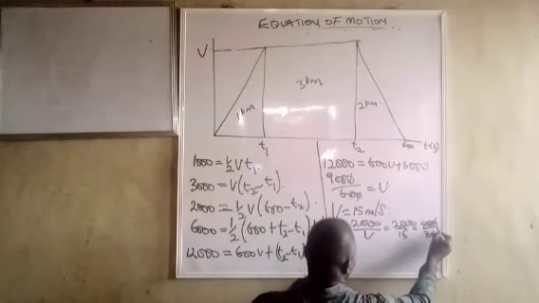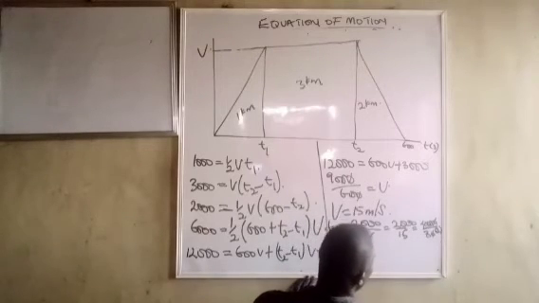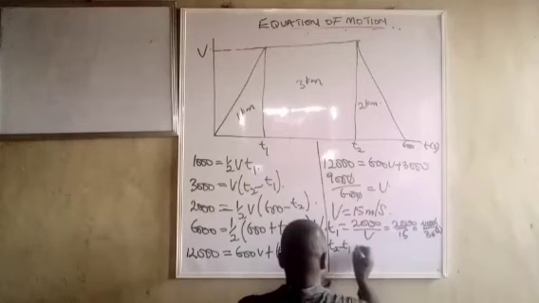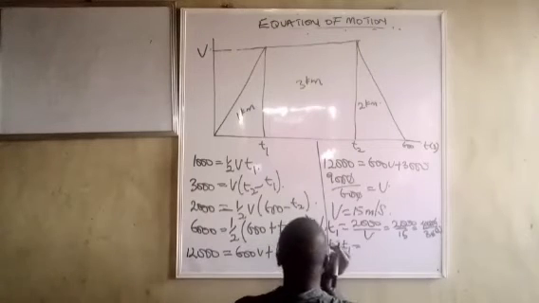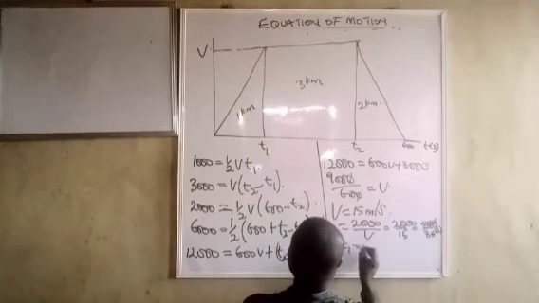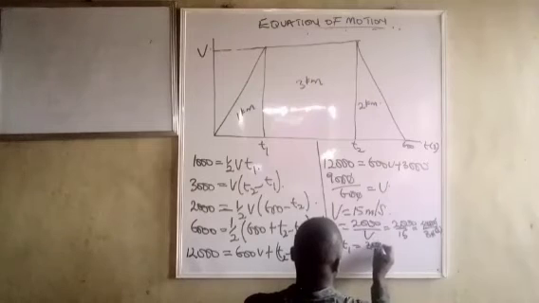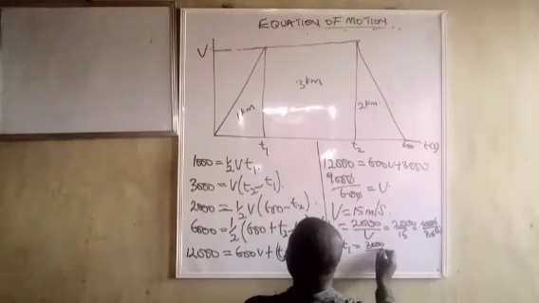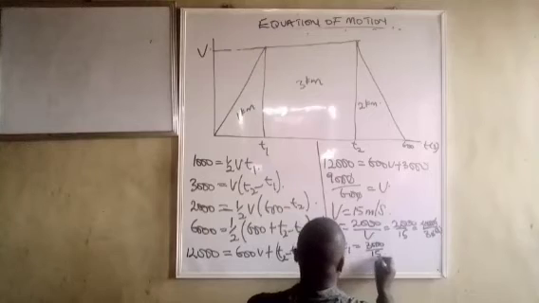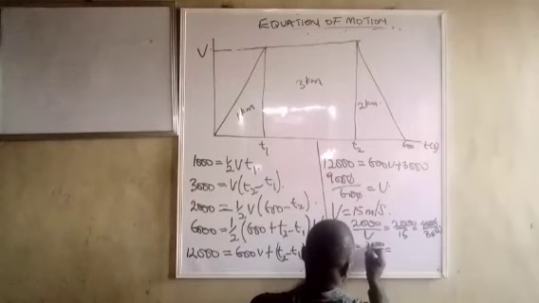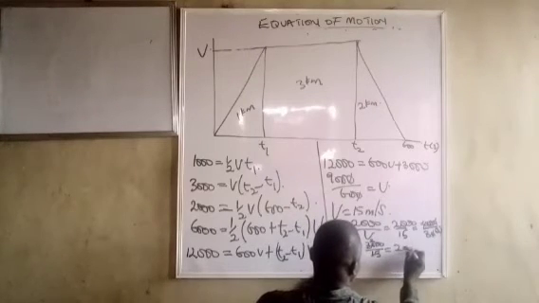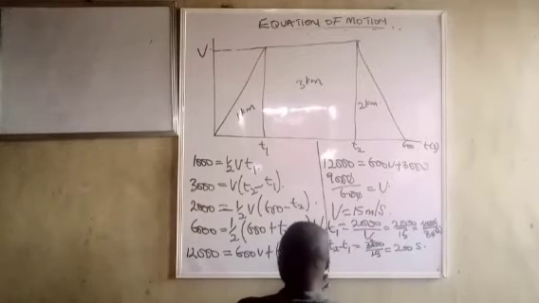So that is the first interval. 400 over 3 seconds will be equal to 3000 over 15, which will give me 200 seconds.